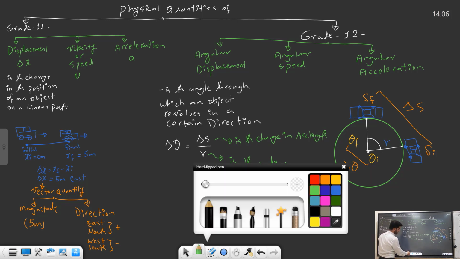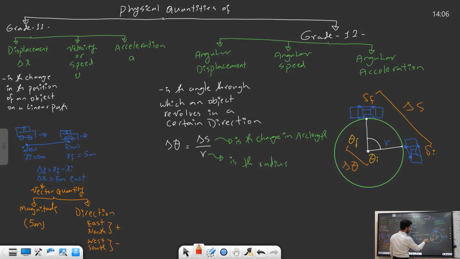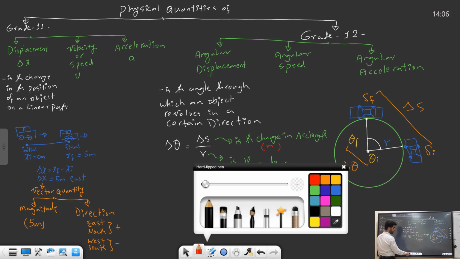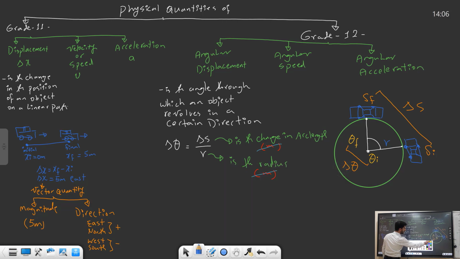So we know that delta s is measured in meters and the radius is also measured in meters. So these two units get cancelled. We can say that delta theta doesn't have a unit. But you know that, guys, in physics, no quantity can be unitless.